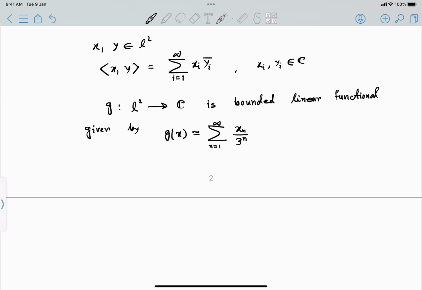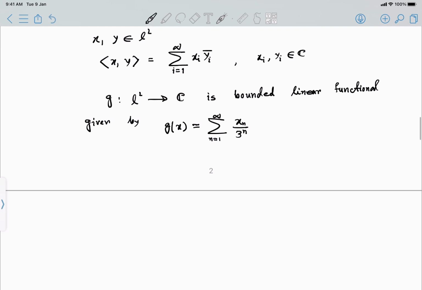As this is a bounded linear functional, it will be given by the inner product with some unique vector.